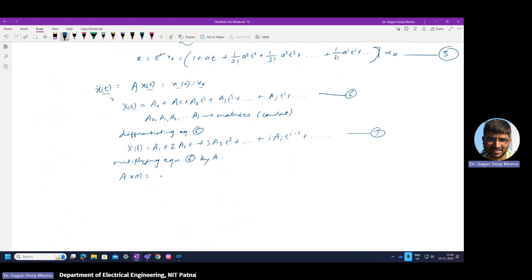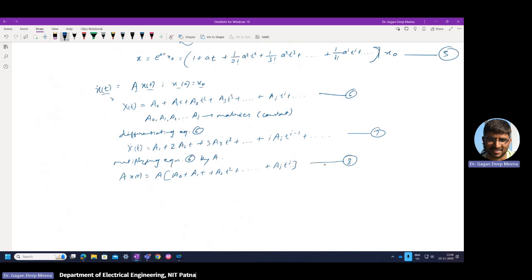So A of x of t is equal to A of a0 plus a1 t plus a2 t square plus go on and on plus ai t to the power i, and it can just go on and on. I'll write it as equation number 8.